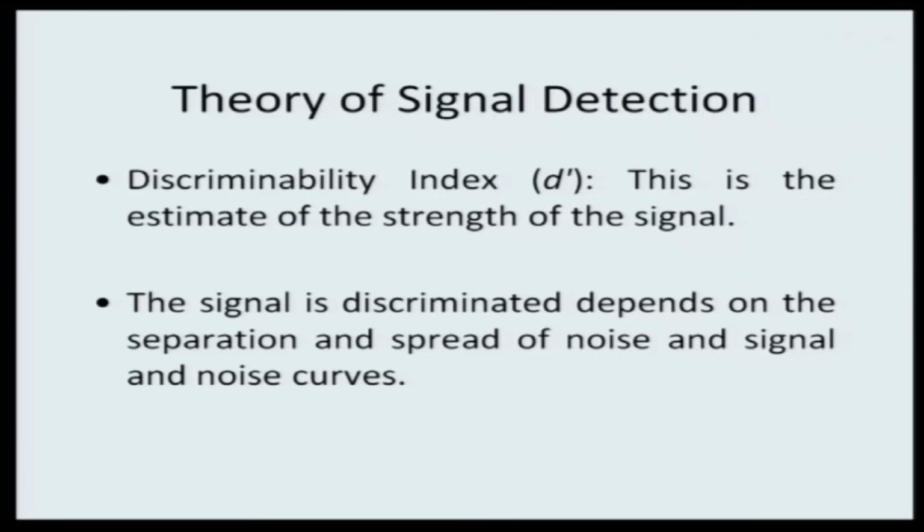This is the strength of the signal, and the way you estimate it shapes your response. So, the signal is discriminated depending on the separation and the spread of noise in the signal and the noise curve. We would take one experimental example here, and then move to graphical plotting of the response in this very situation, what is called the ROC curve.